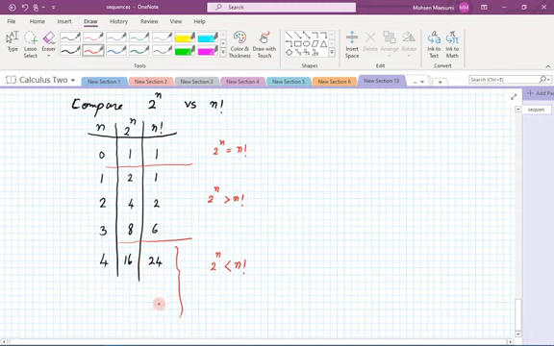You are multiplying by a number that is growing, versus a number that is fixed. So 2 to the power of n is going to be less than n factorial. And in fact you can use this argument to show that the limit of 2 to the power of n over n factorial as n goes to infinity is 0.